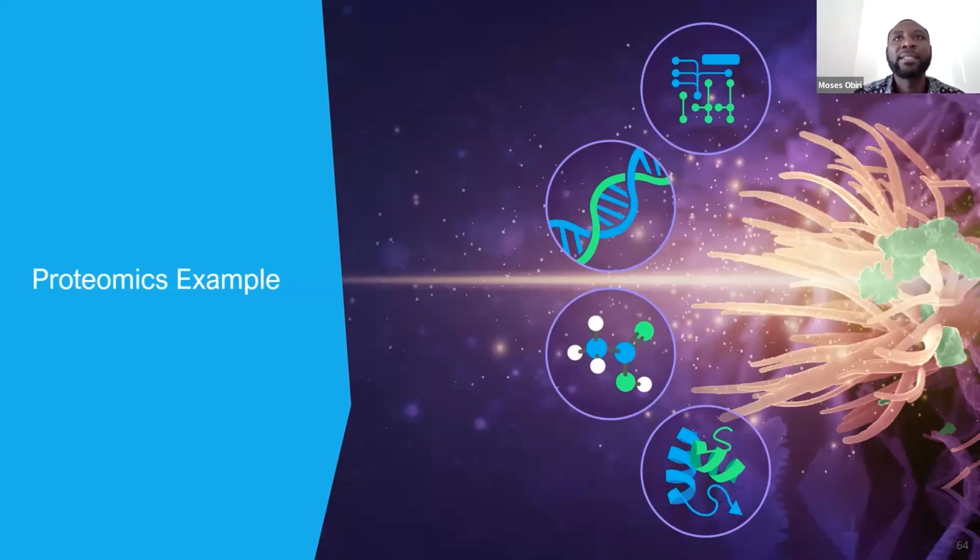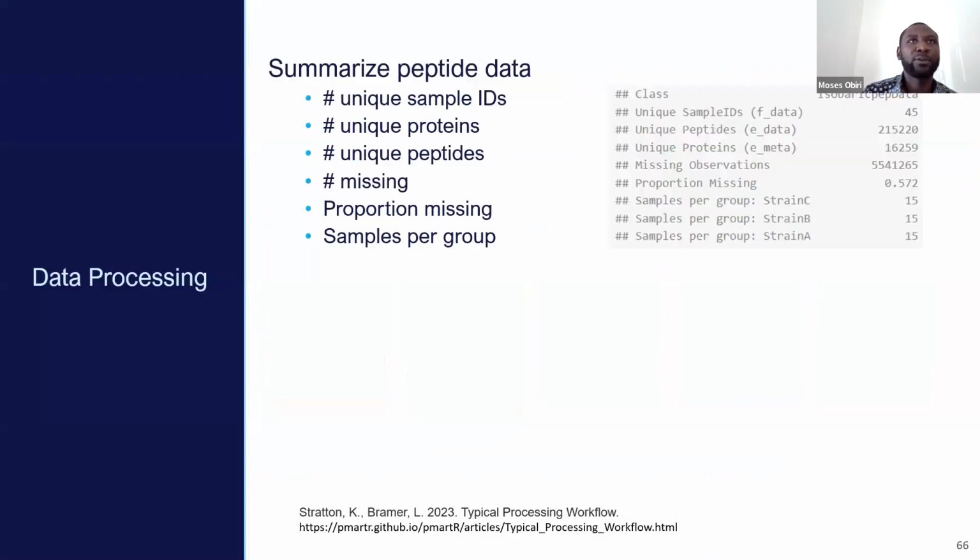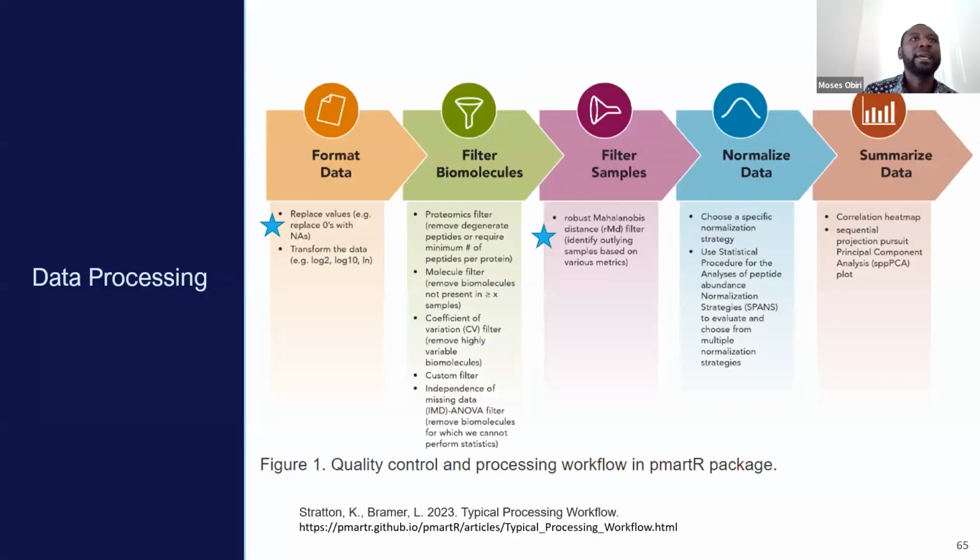One such package is the PMAT package in R, which was developed by people here in the lab. PMAT is an R package that can be used to analyze biological data in the presence of missing data, and it has many functions that help with processing the data.